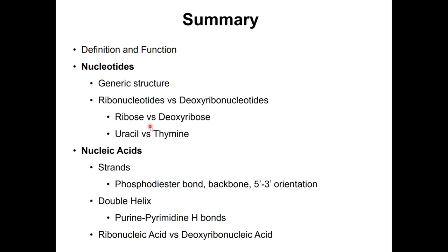So the difference in the pentose sugars, with ribose present in ribonucleotides and deoxyribose present in deoxyribonucleotides. And then we talked about the difference in nitrogenous bases, where adenine, guanine, and cytosine are shared by both of them, but ribonucleotides would have uracil, whereas thymine will be present only in deoxyribonucleotides.